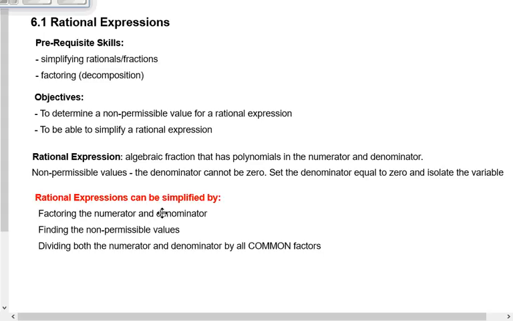Sorry, you're always going to factor first, then find the non-permissible values, and then simplify. So you factor, find the non-permissible values, and then you simplify by dividing both the numerator and the denominator by common factors.